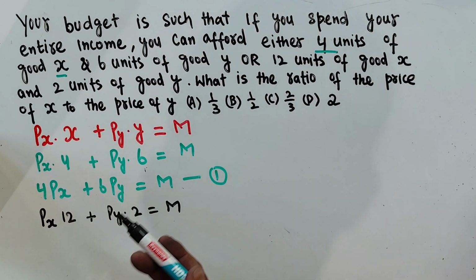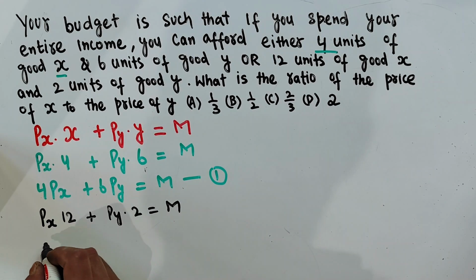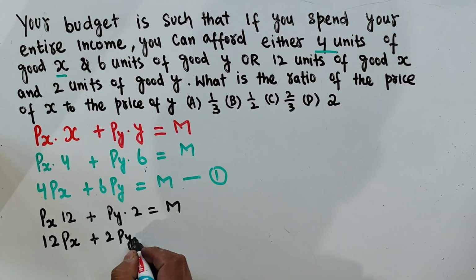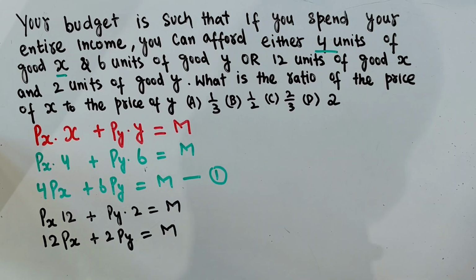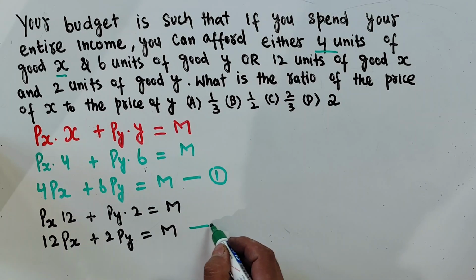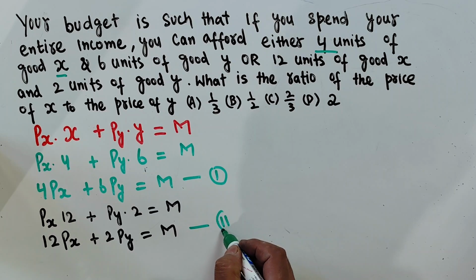That means our entire budget should get exhausted. So if I rewrite it in this fashion, 12 times price of X plus 2 times price of Y should be equal to the total budget of the consumer, which is the income here. I hope I am making sense. So let us say this is equation second.